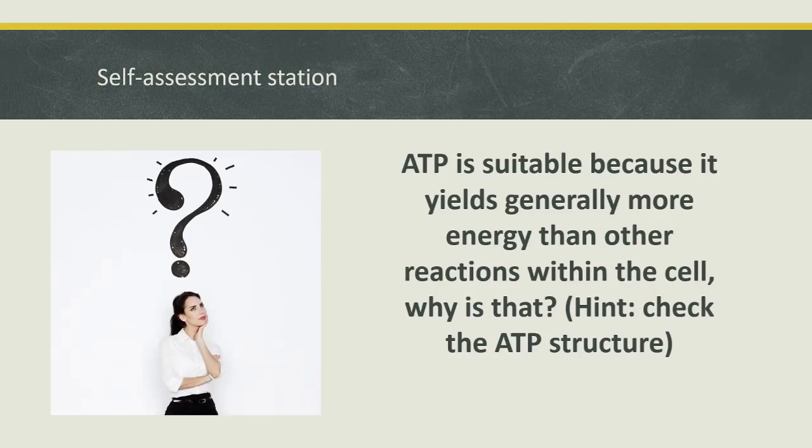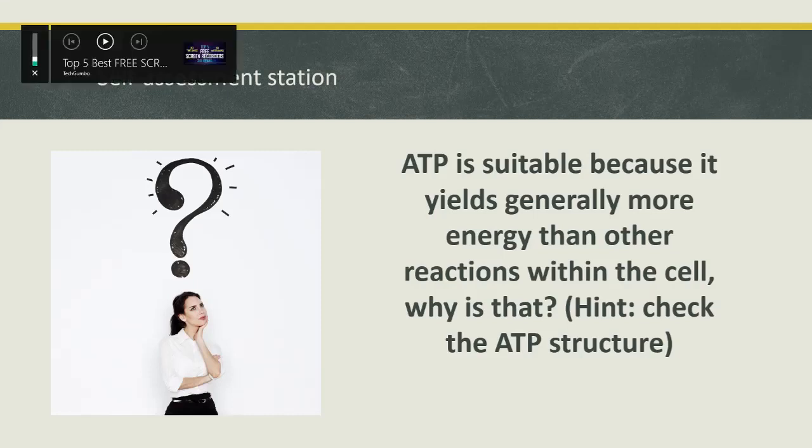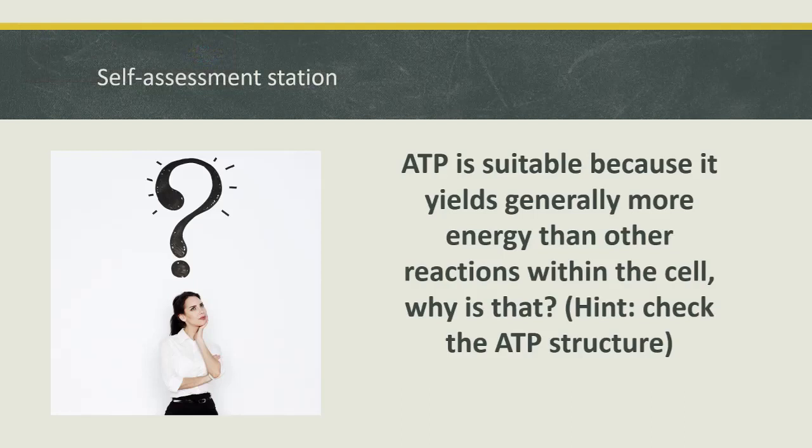But when one of these phosphates is lost, the two remaining phosphate groups are able to be more apart from each other, and that causes ADP to be way more stable. That is quite a big difference, and it's something that happens with ATP, although our cells also use other compounds as sources of energy. But that's why ATP is so suitable, and that's why ATP releases that amount of energy.